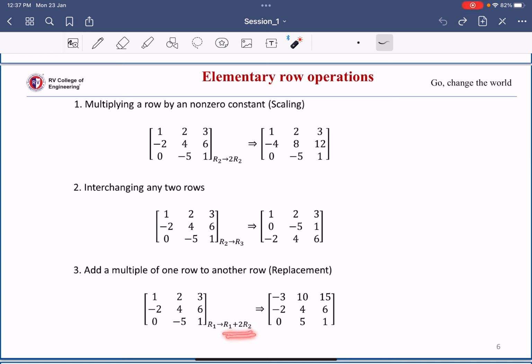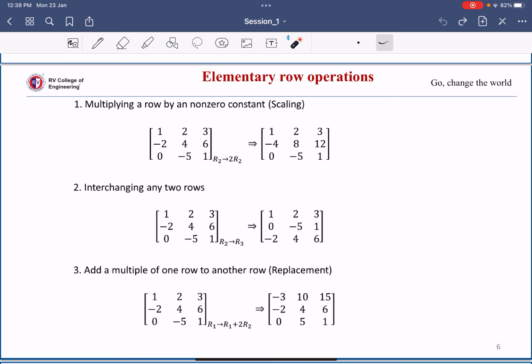I am adding the first row elements to twice the second row elements. So I will get the resultant matrix as minus 3, 10, 15, minus 2, 4, 6, 0, minus 5, 1. Since I am applying the transformation on the first row, only the first row elements are changed.